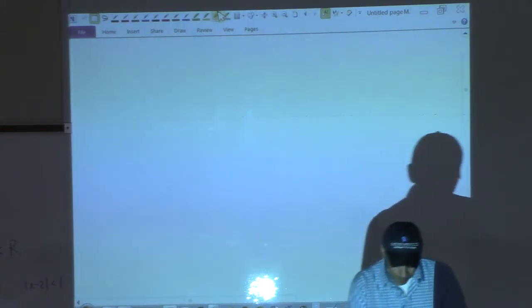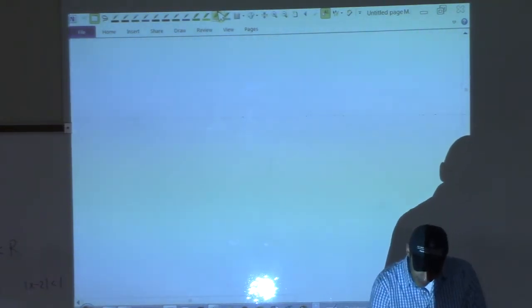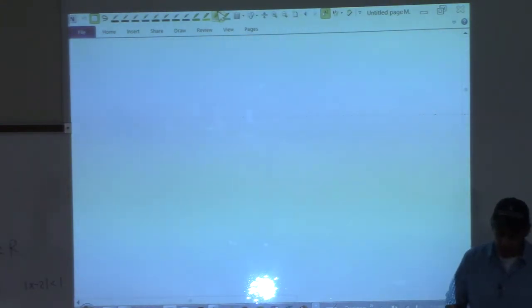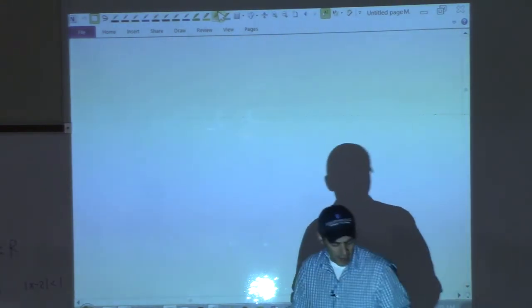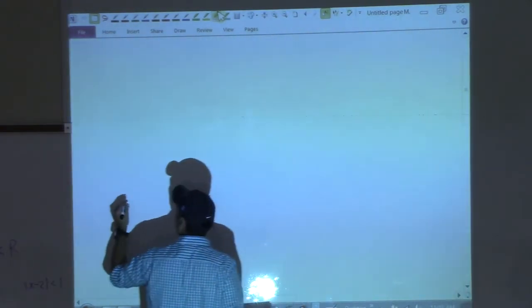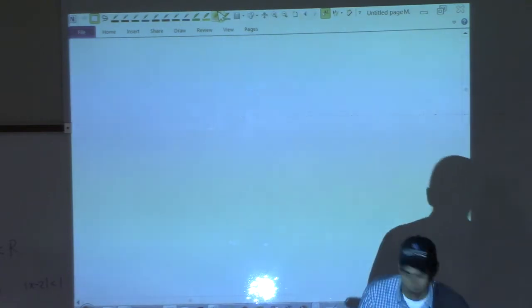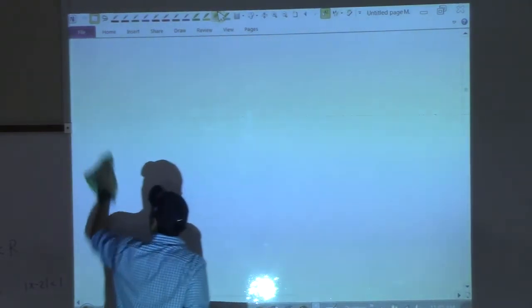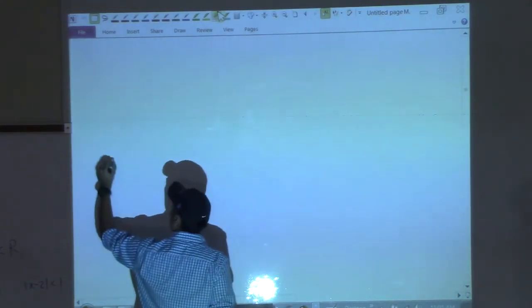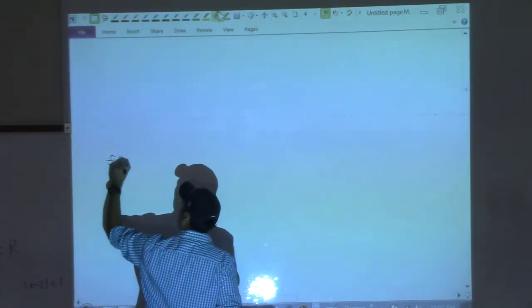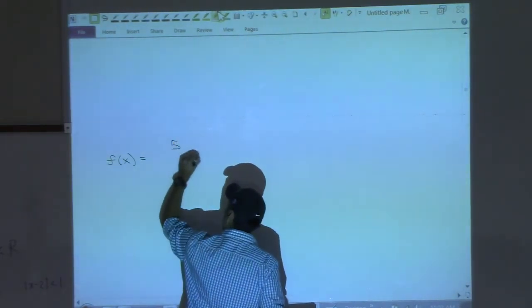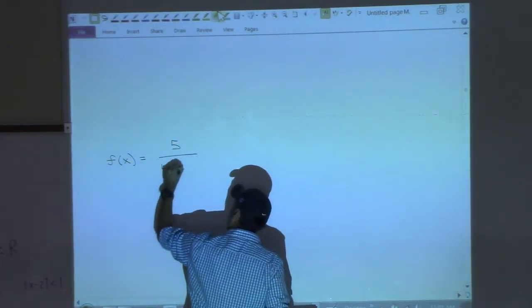We were starting 8.6, and what we were trying to do was take a look at a function and represent that function as a power series. So let's just pick up where we left off. I have a function here, f of x equals 5 over 4 plus 3x.